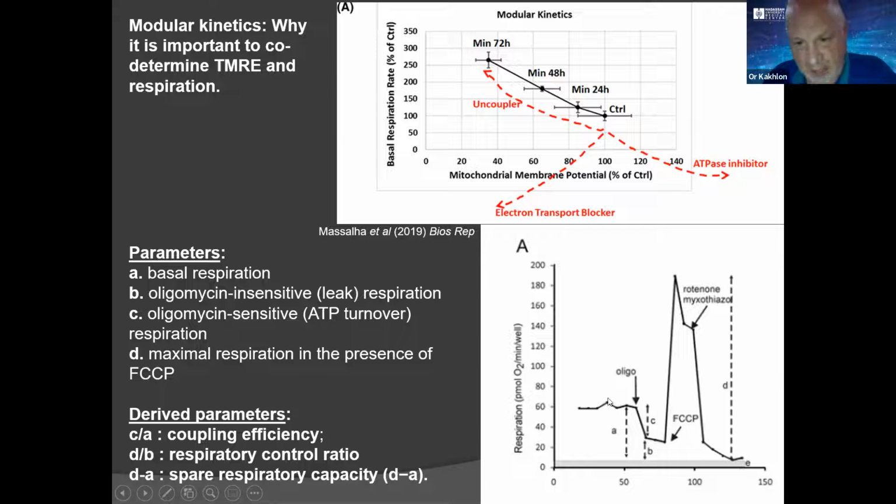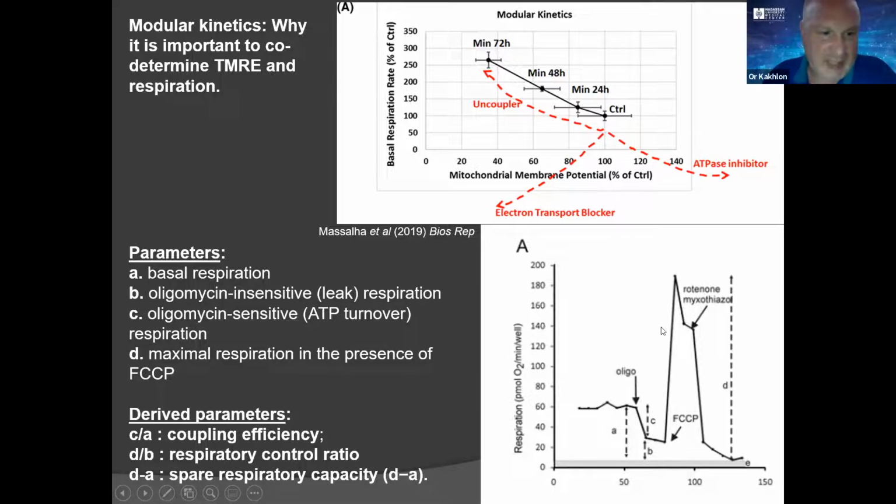Okay, and this fraction of the drop, C here, is actually the respiration which is dependent on ATPase. And this fraction B is the leak, so this is the respiration which does not produce ATP. Then when we add high concentrations of an uncoupler, we get the maximal respiration rate, okay?